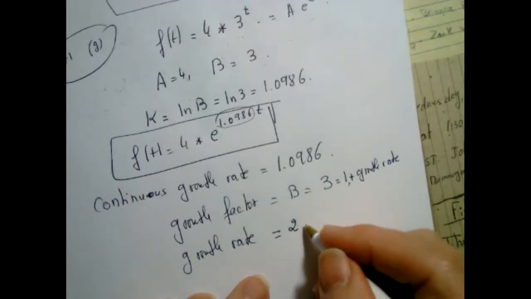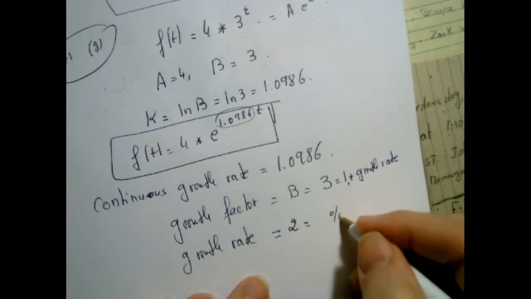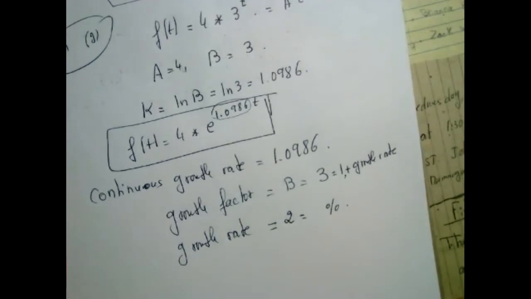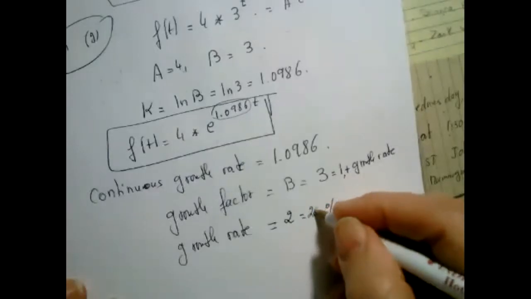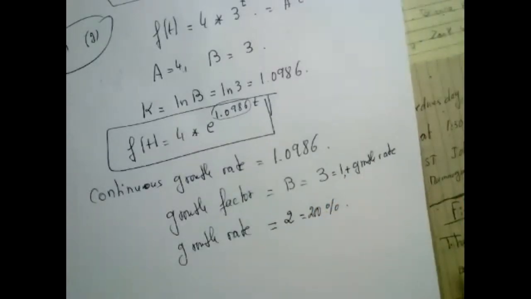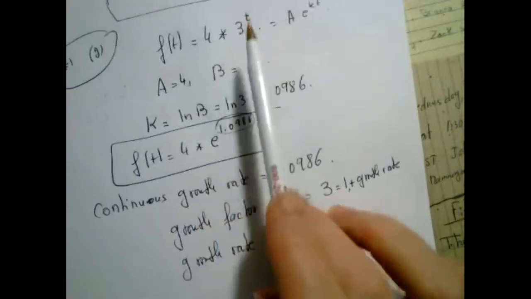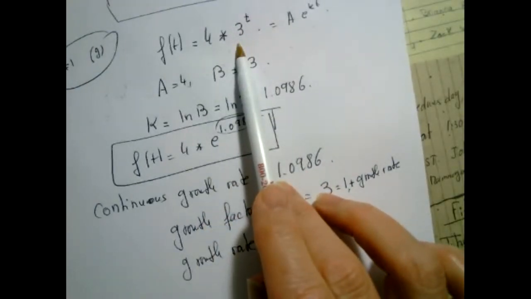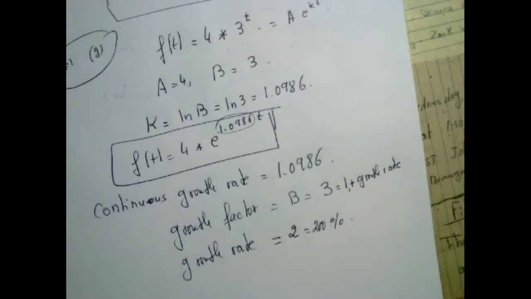Now 2 is how much percent? So the growth rate is 2, but the 2 represents 200%. Okay, so it means that this represents a quantity that's growing by 200% every year.